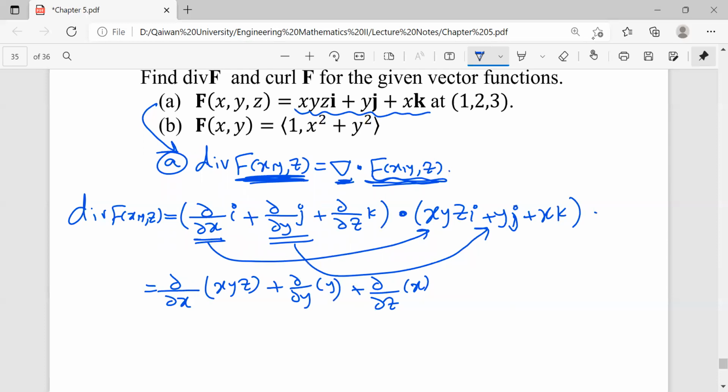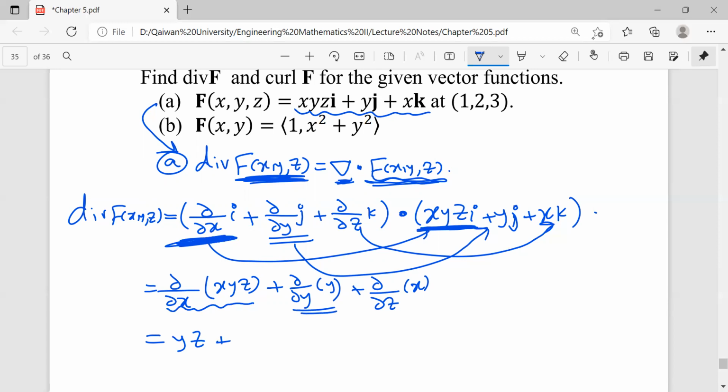Now we find these partial derivatives. The partial derivative of xyz with respect to x is yz.